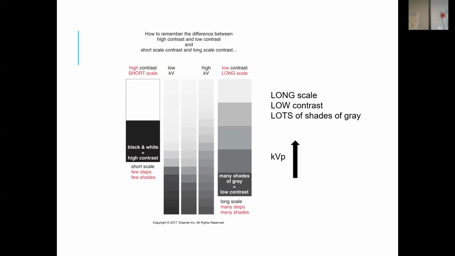So if your KVP has long, lazy wavelengths, then as they penetrate down, this one's going to make it all the way down. This one's going to make it all the way down. This one's going to make it all the way down. This one, not so much. And then this one, not so much.